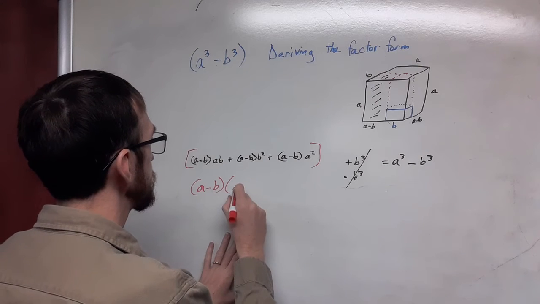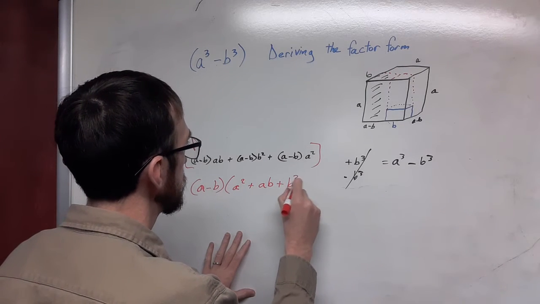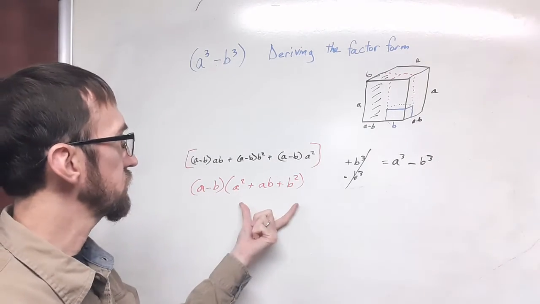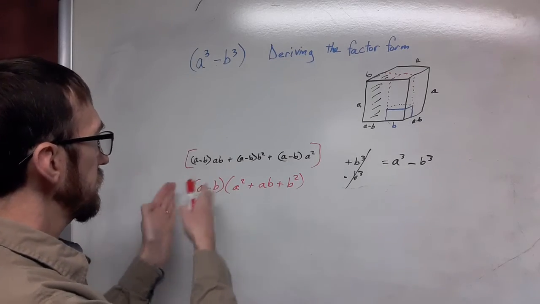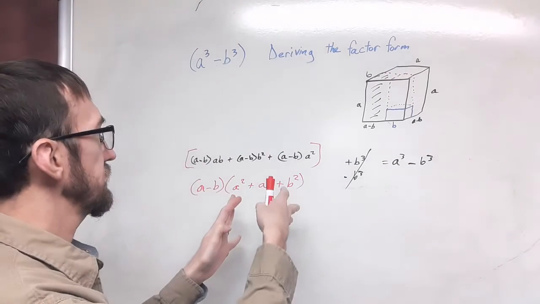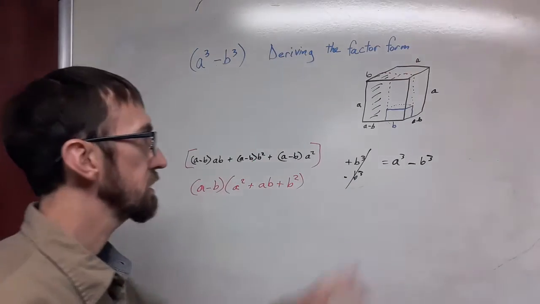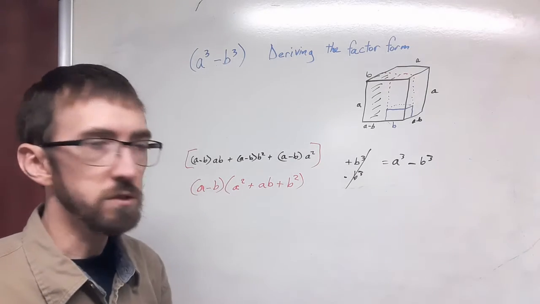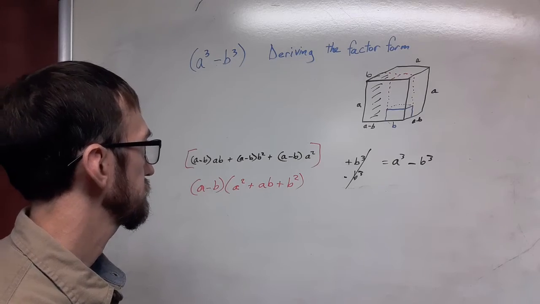So I'm going to put my A squared plus AB plus B squared here. And so I've just commuted the terms in here and factored out the A minus B. So now I have A minus B times A squared plus AB plus B squared is going to be equal to A cubed minus B cubed. And so I have this nice factored form here.